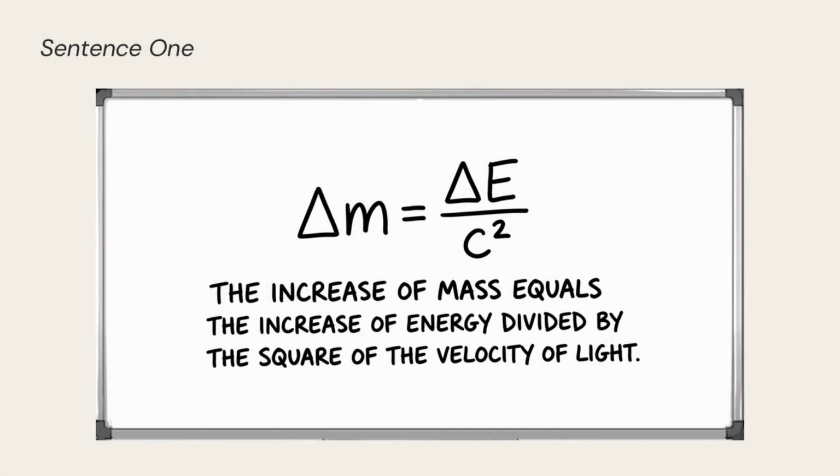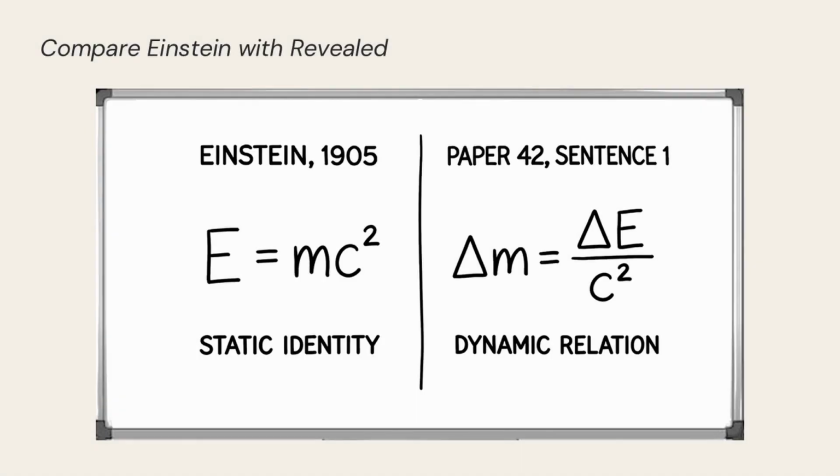Expressed symbolically, delta m equals delta E divided by c squared. The increase of mass equals the increase of energy divided by the square of the velocity of light. This is a dynamic relationship, a description of what happens when energy is added to a material system, not a universal equivalence.